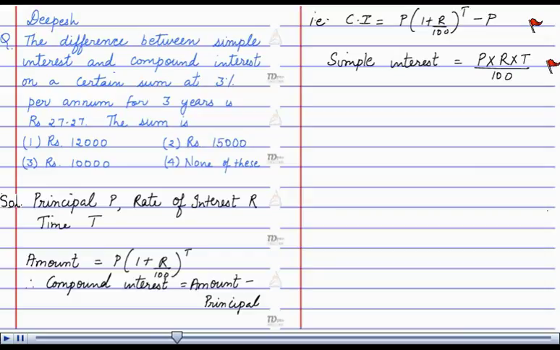As it is given in the question that R is 3% per annum and T is 3 years.